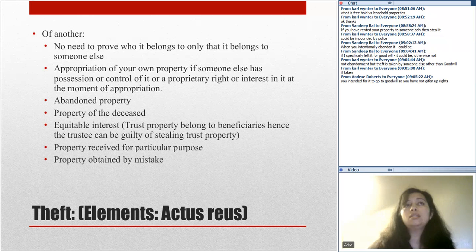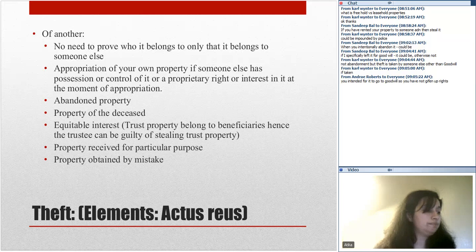If I have left things out in my yard for the authorities to collect at the end of the week, there's a case on point, Williams versus Phillips, 1957, in the Divisional Court.